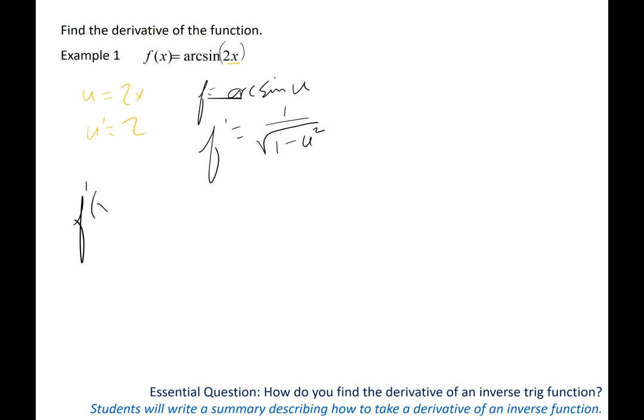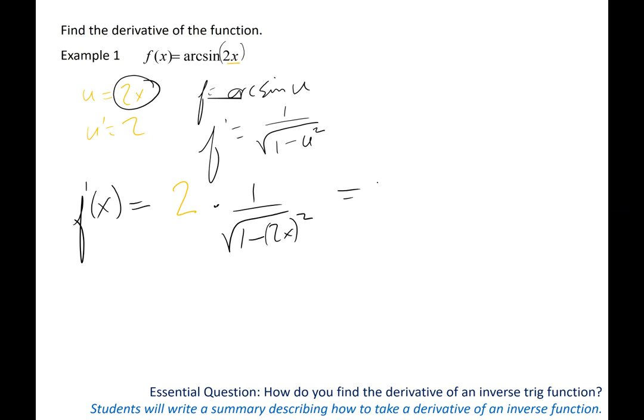So f prime of x equals my official derivative: the derivative of the inner function, which is 2, times the derivative of the outside function, which is 1 over the square root of 1 minus u squared. Instead of u squared, though, I'm going to put my u in, which is 2x squared.